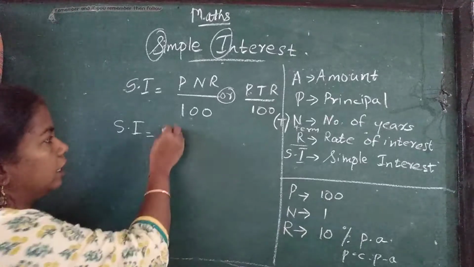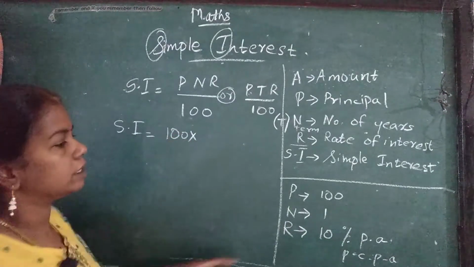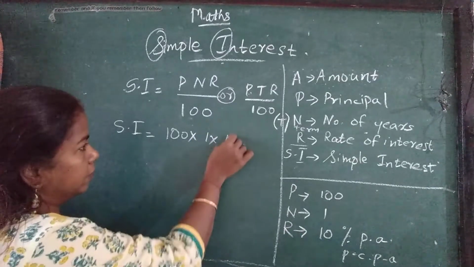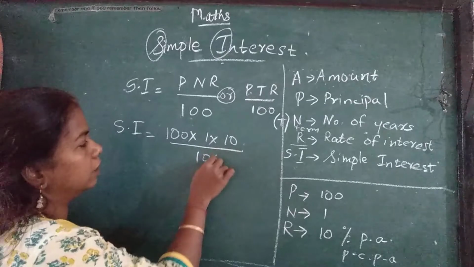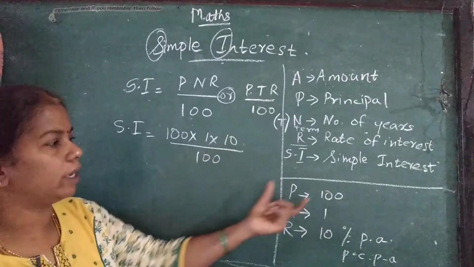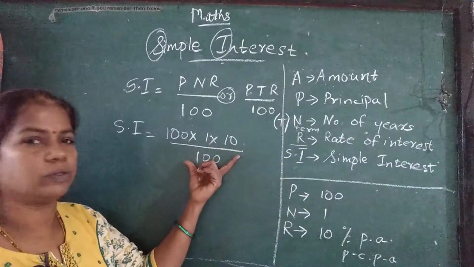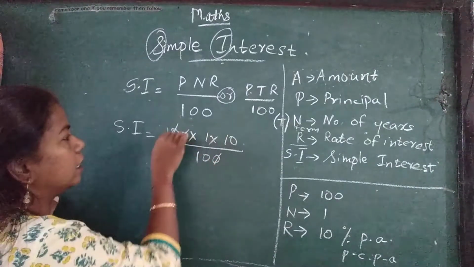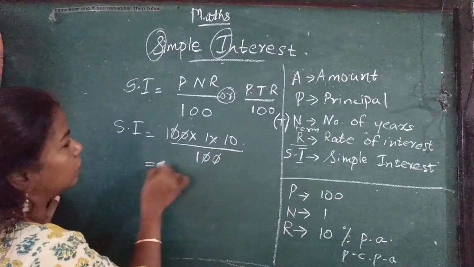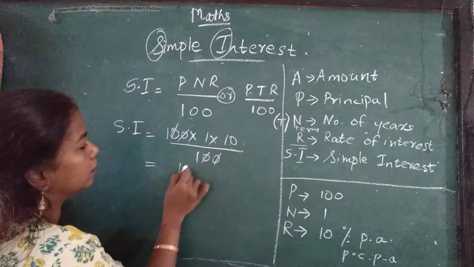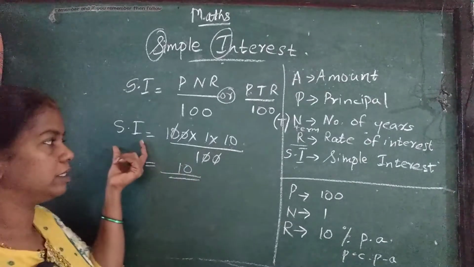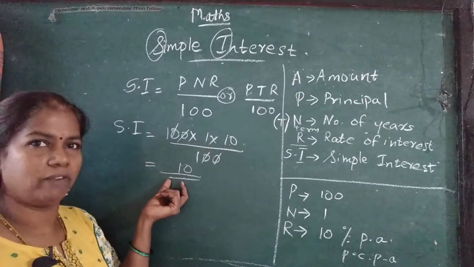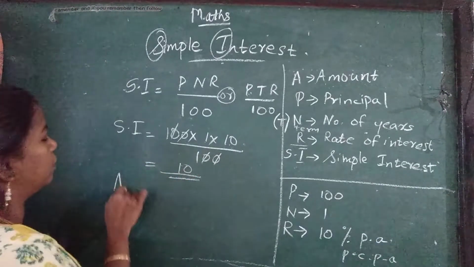P is 100, N is 1, R is 10, upon 100. Substituting the values, 10 and 10 cancel, another 0 cancels. So 1 into 10 is 10. The simple interest on 100 rupees is 10 rupees.